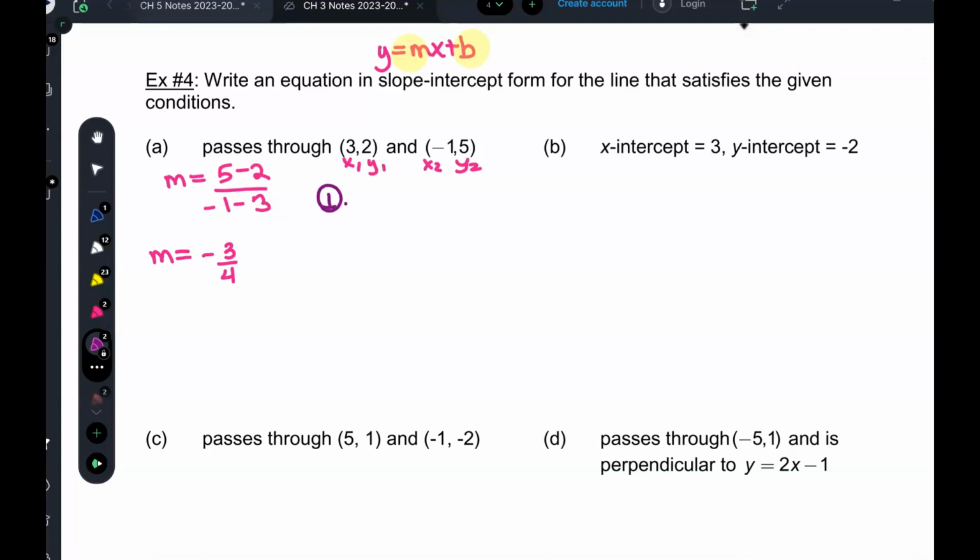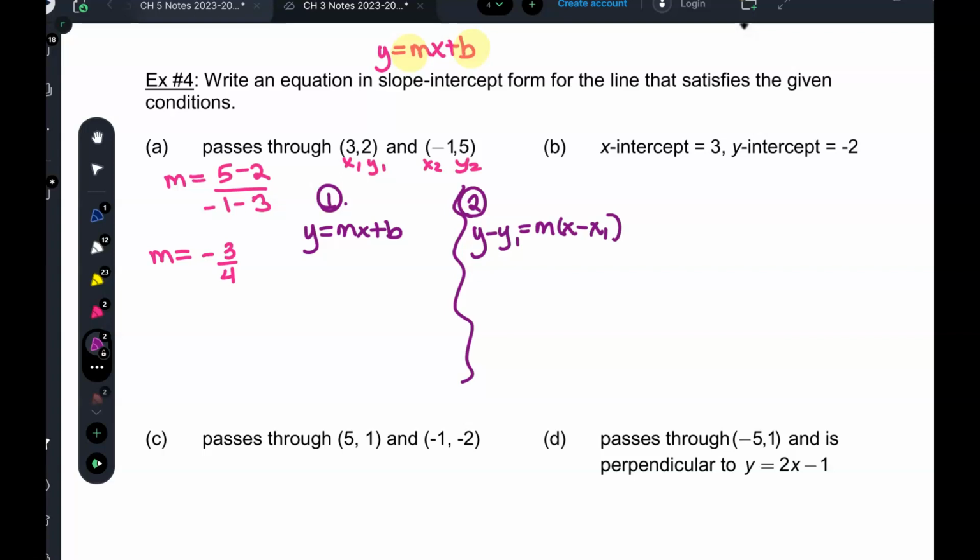Let's do it one way, where I'm going to use y equals mx plus b, and then 2, I'm going to use y minus y1. You're probably more familiar with the first one, but I'm going to also show you the second one, which I prefer.